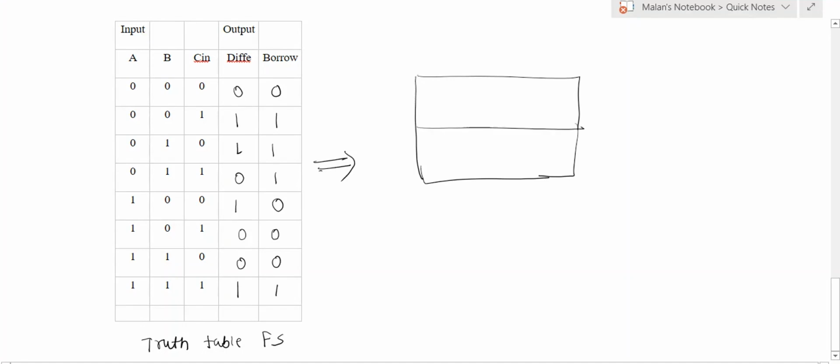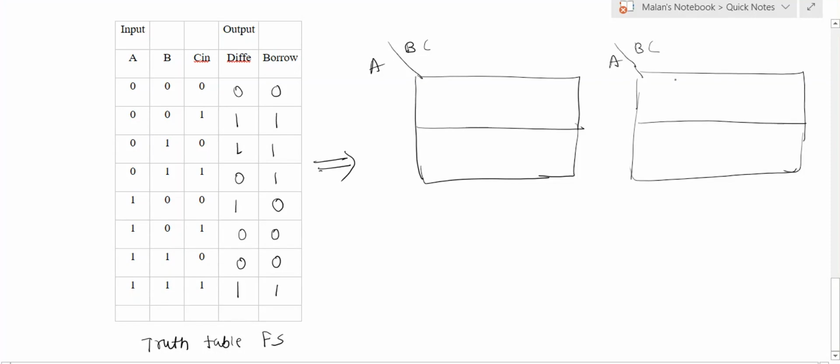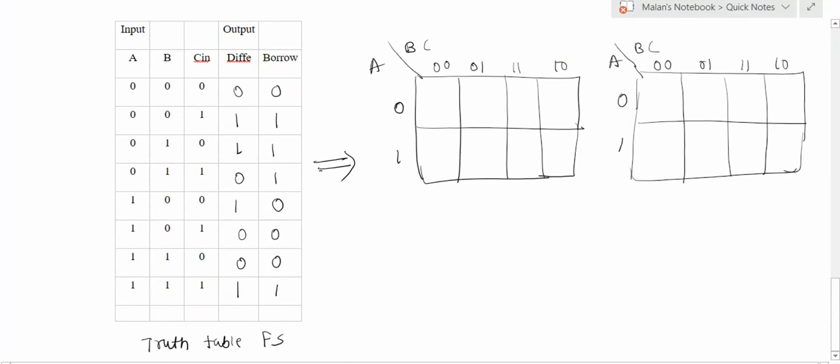This is a three-variable K-map for the difference, with variables A, B, C, and this is the three-variable K-map for the borrow. Now we'll plot the difference and borrow terms onto the K-map.